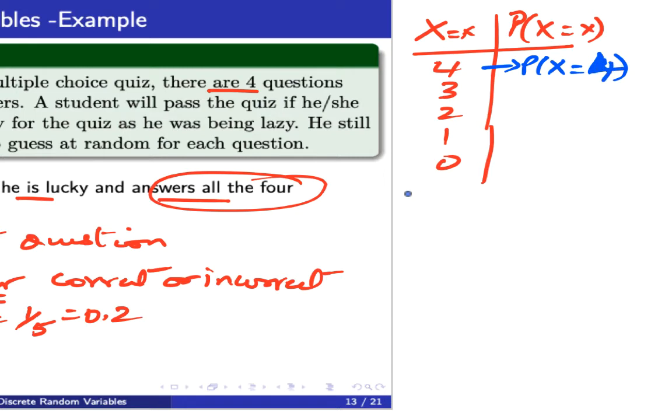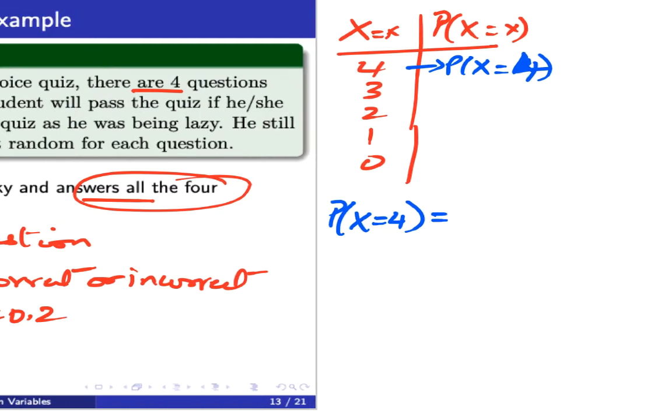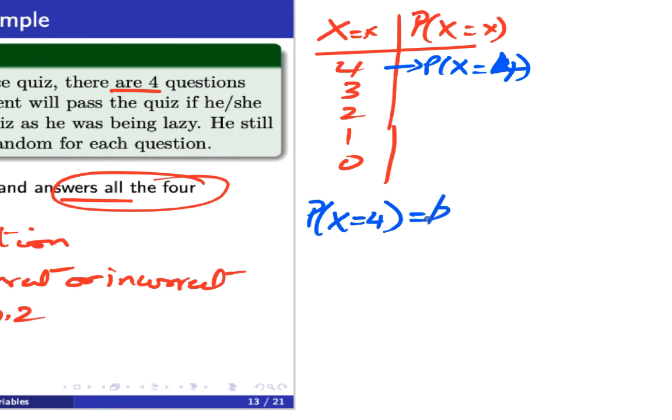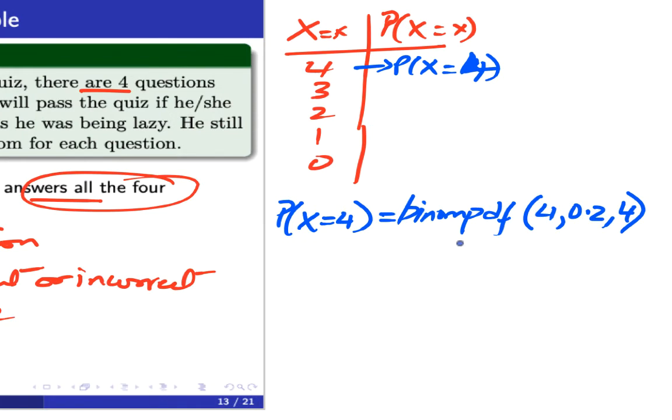So I want to find the probability that X is 4. I've told you guys that we're going to use the calculator, but the formula is binompdf: the number of trials is 4, the probability of success is 0.2, and the value we're looking at is 4. To get this answer, I would like you guys to take your calculators out and we'll continue from there.